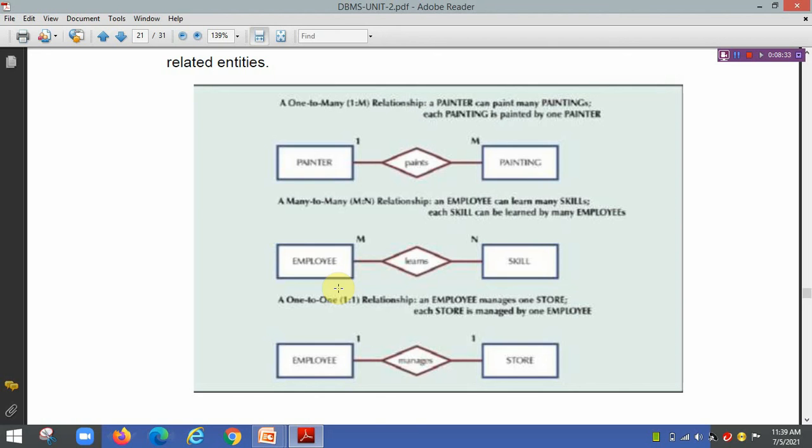Whatever skill an employee wants to achieve, he can choose, enroll in, and learn. It is not compulsory or fixed that one employee can learn only one skill. At a time he can also join more than one skill course. So employees are many, and skills are also many.